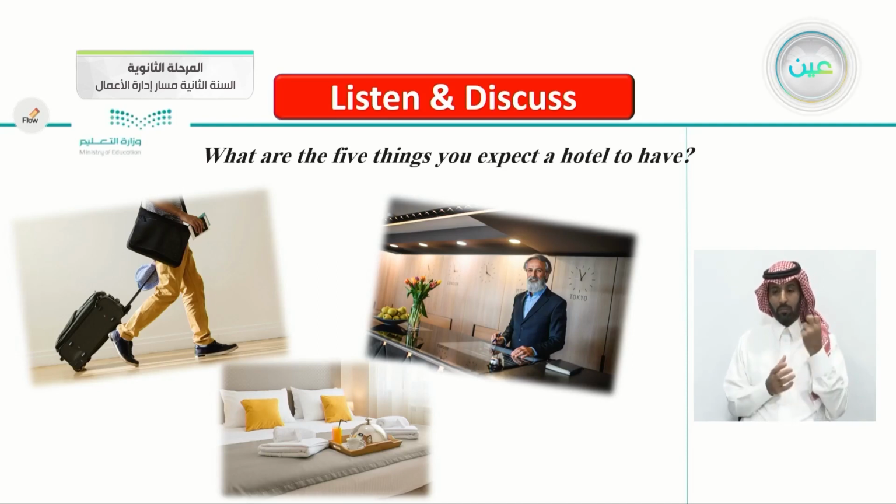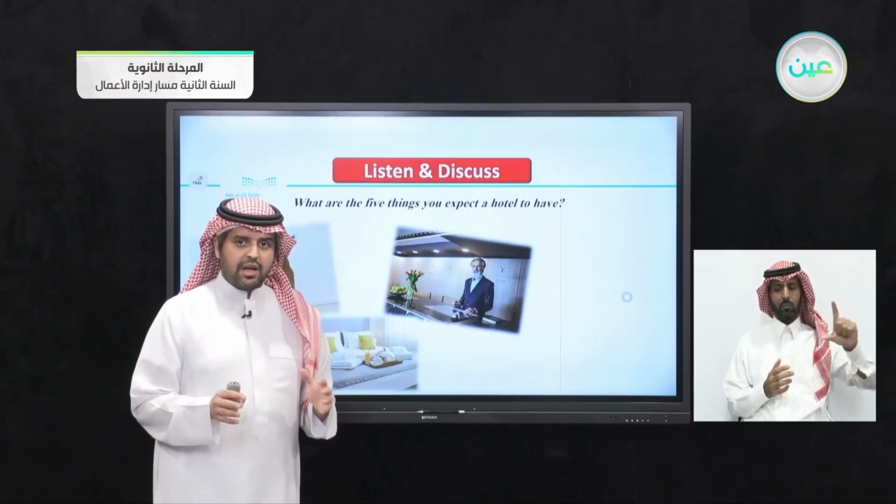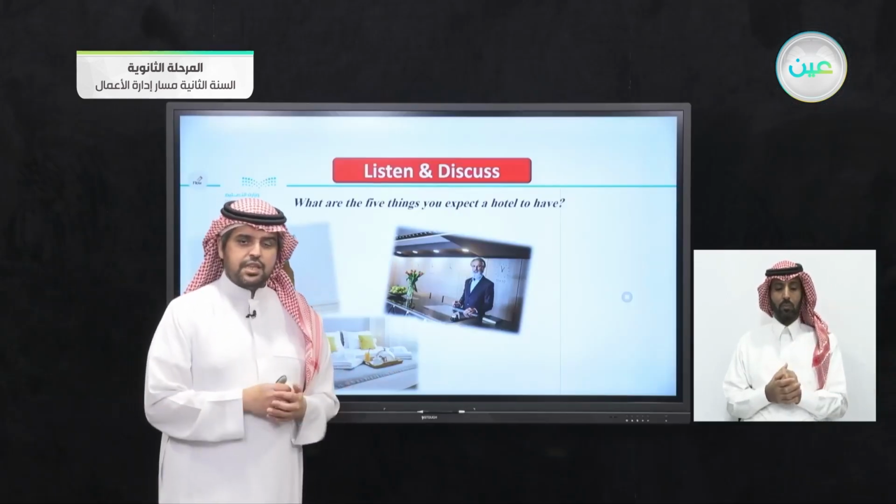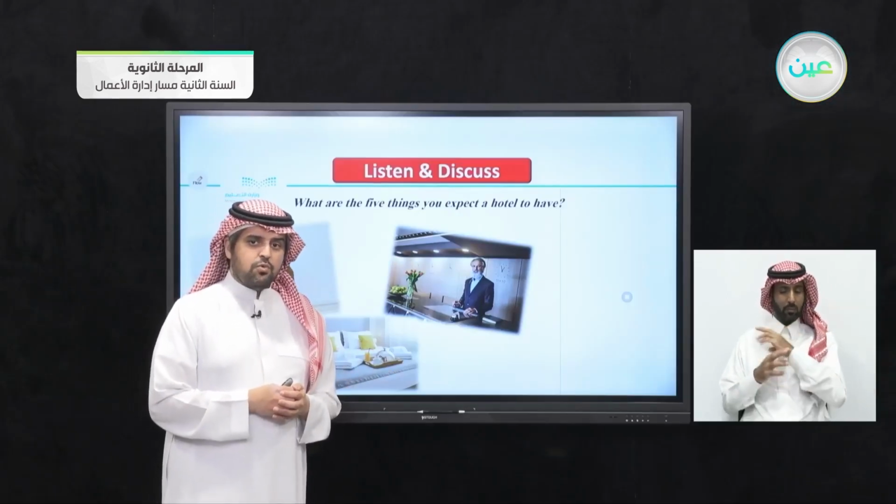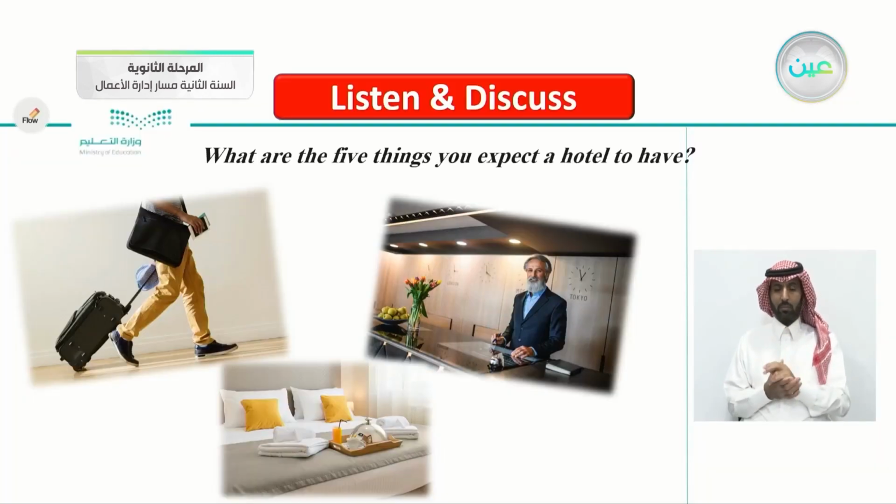So what are the five things you expect a hotel to have? When you go to a hotel, you expect this hotel to have things in it. So what are your expectations from the hotel?